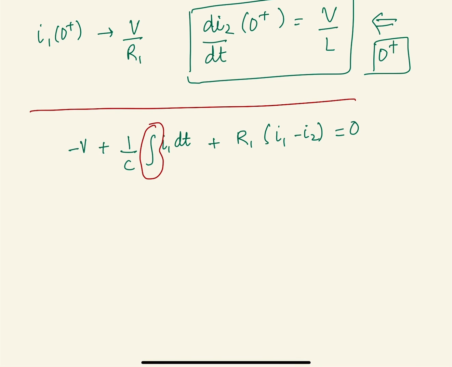So what do we do? We differentiate this. And what do we get after differentiating? The differential of this V will be 0, so this will simply be removed. So it will be 1 by C I1 plus R1 di1 by dt minus R1 di2 by dt equals 0.